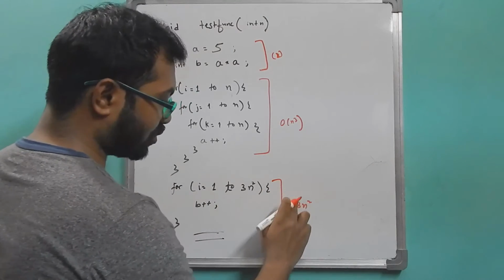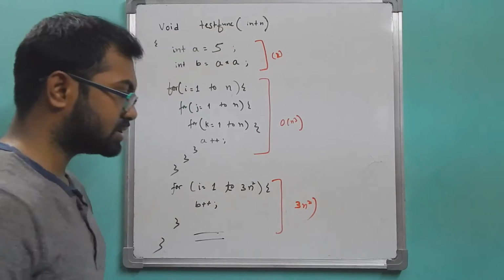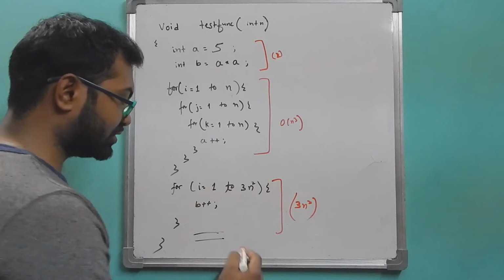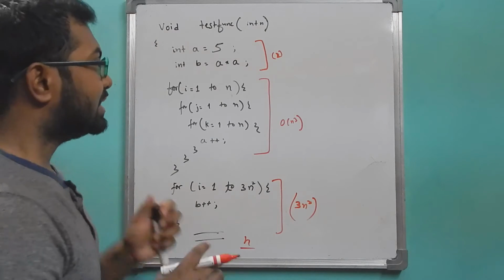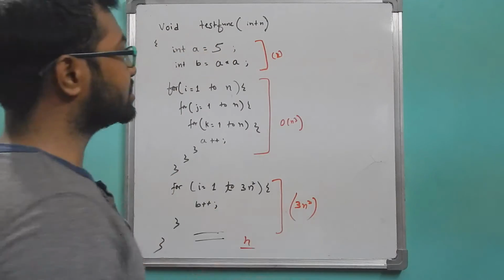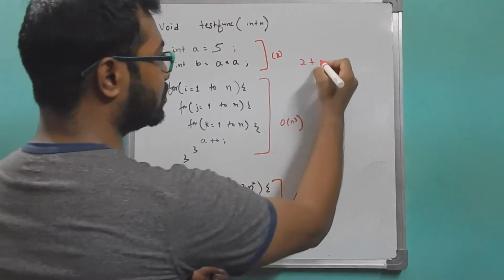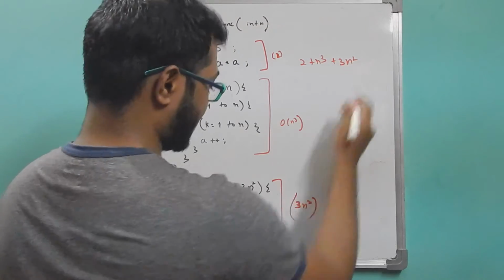I'll write 3n square, and I'll explain why. For example, there is another loop which is taking n time. So let's add up everything. The time complexity for this test function would be 2, plus n cube, plus 3n square, plus n.